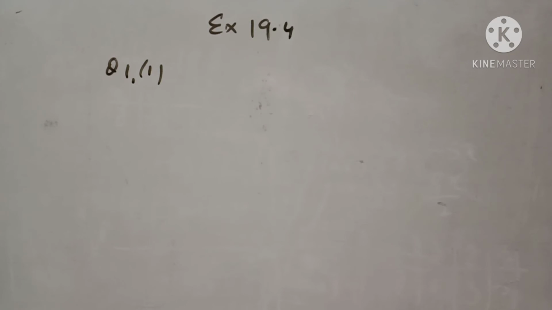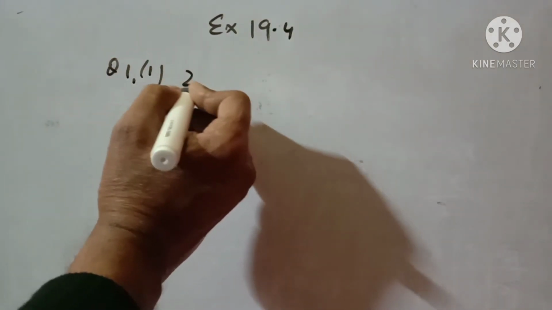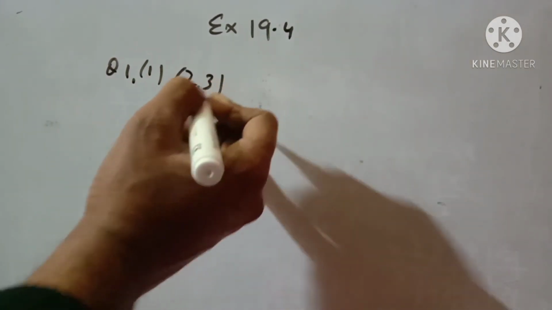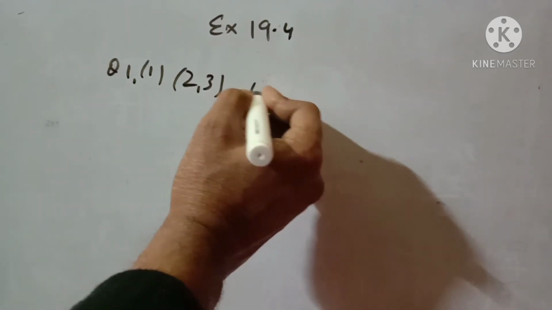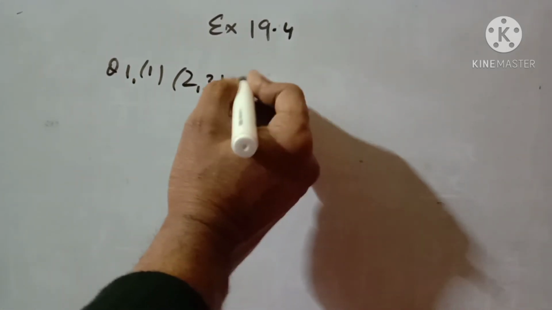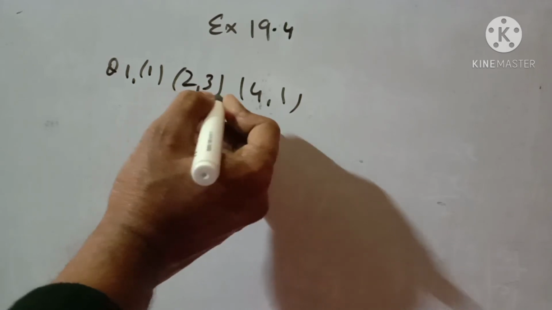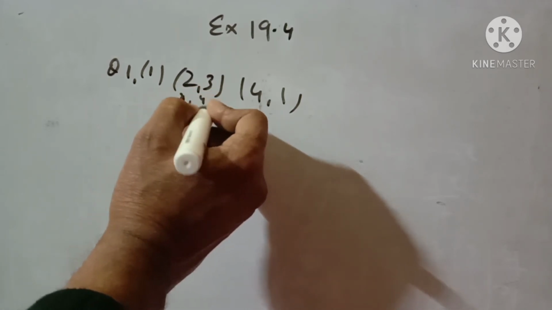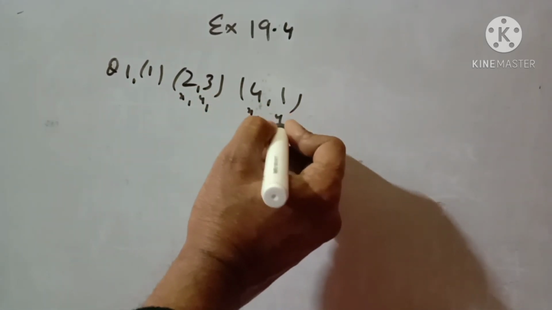Exercise 19.4, distance formula. Here we are going to find the distance between the following points: 2, 3 and 4, 1. As we know, this is x1, this is y1, this is x2, this is y2.